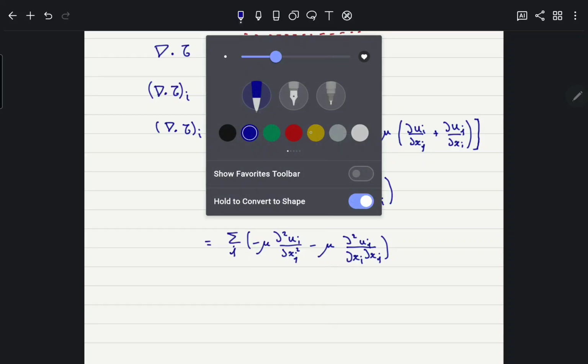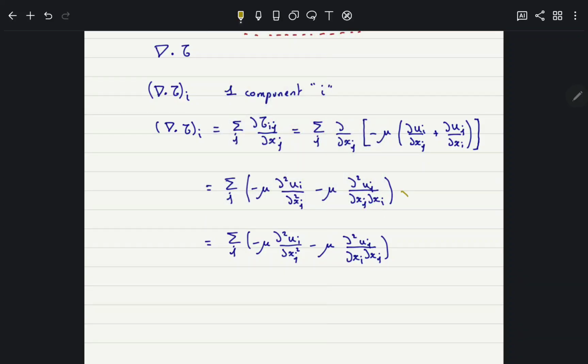That's okay if the transformation here is fine, if you assume that the order of differentiation can be exchanged.